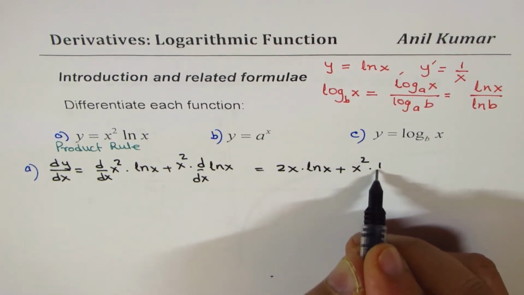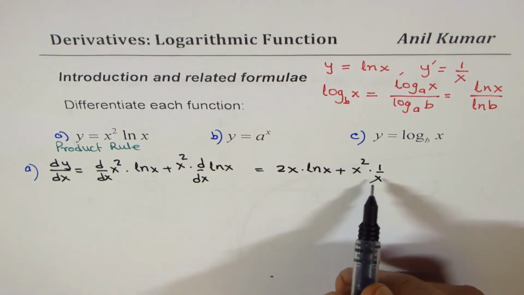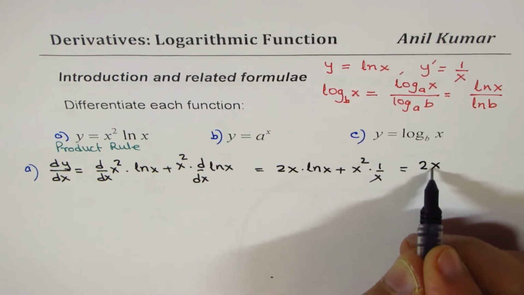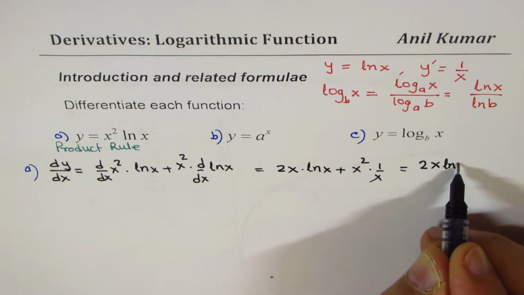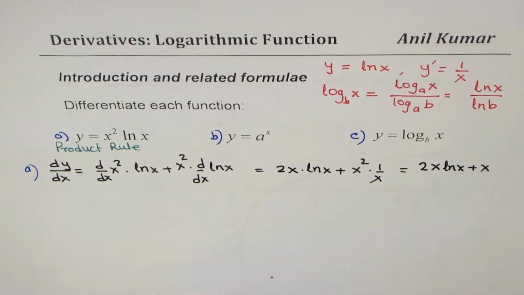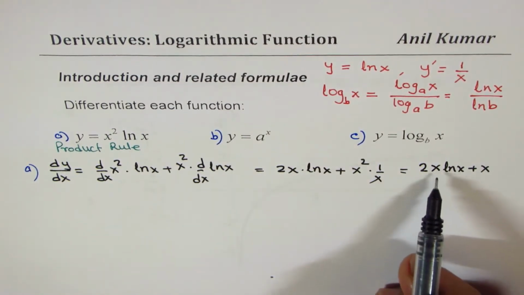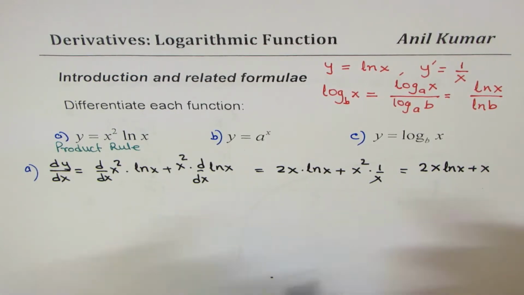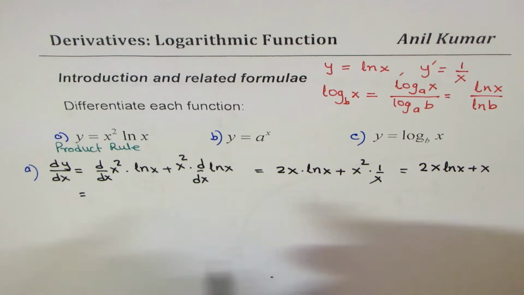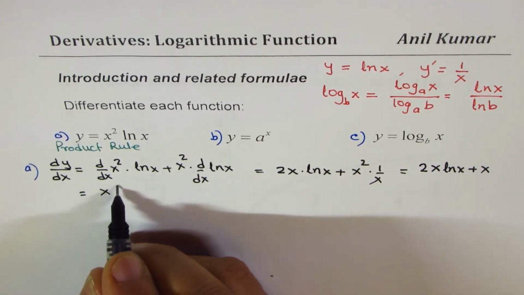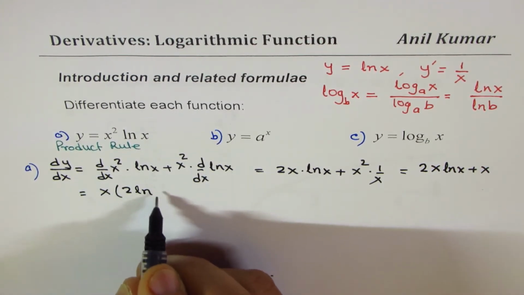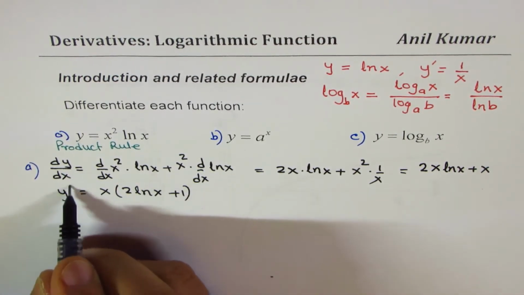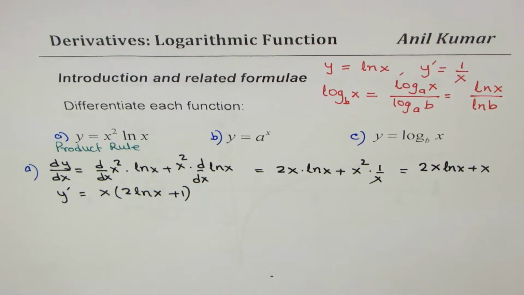They cancel away, and so you get 2x ln x plus x as your result. You can always take x common and write this as x times 2 ln x plus 1. So that becomes the derivative of the first function.